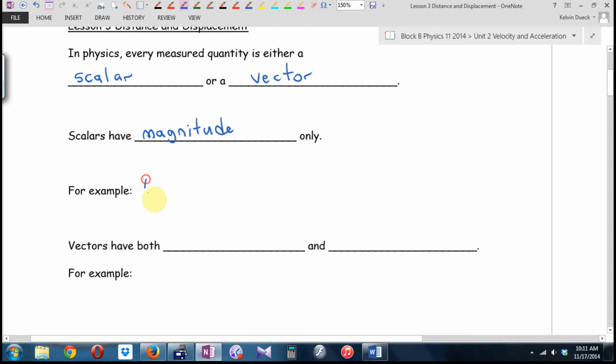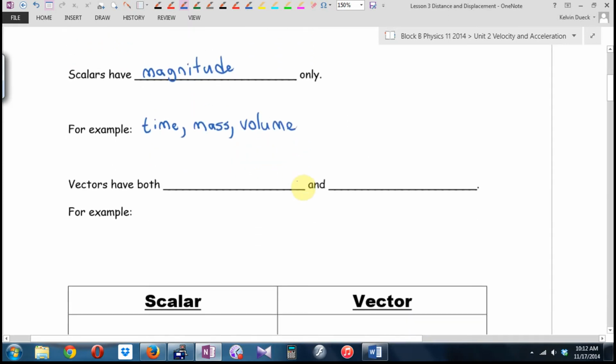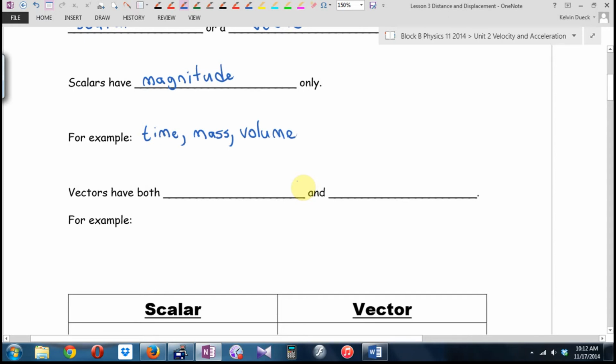For example, time, mass, volume, speed, distance, energy, work, voltage, magnetic field. No, magnetic field is a vector. A bunch.